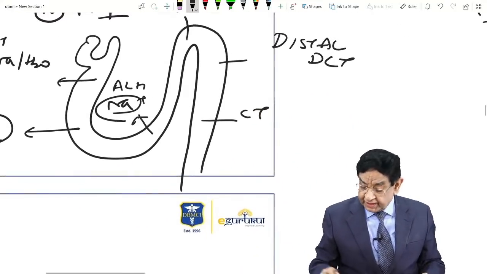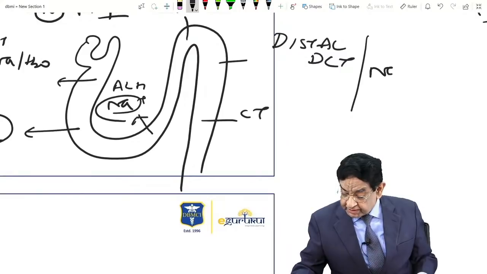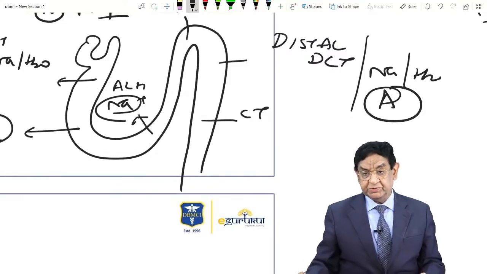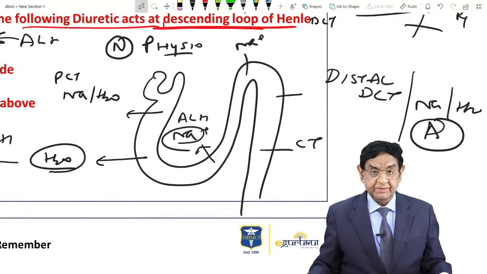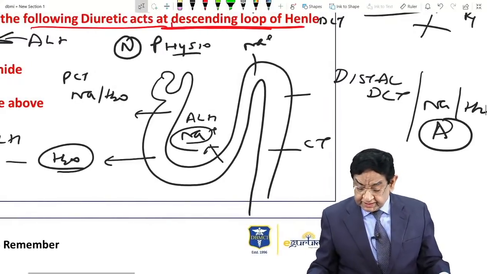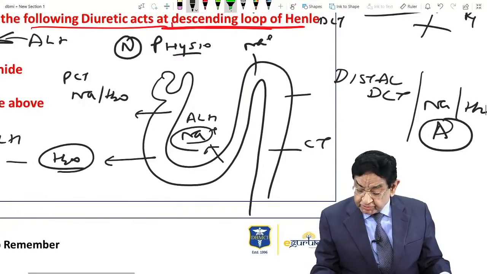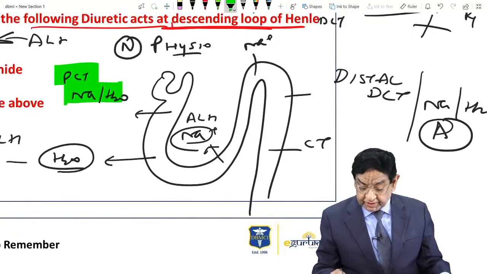In the collecting tubule, sodium is absorbed with water under the influence of aldosterone. A for aldosterone. This is the normal physiology. Point to be noted, going back to basics: in PCT we get sodium and water reabsorption.